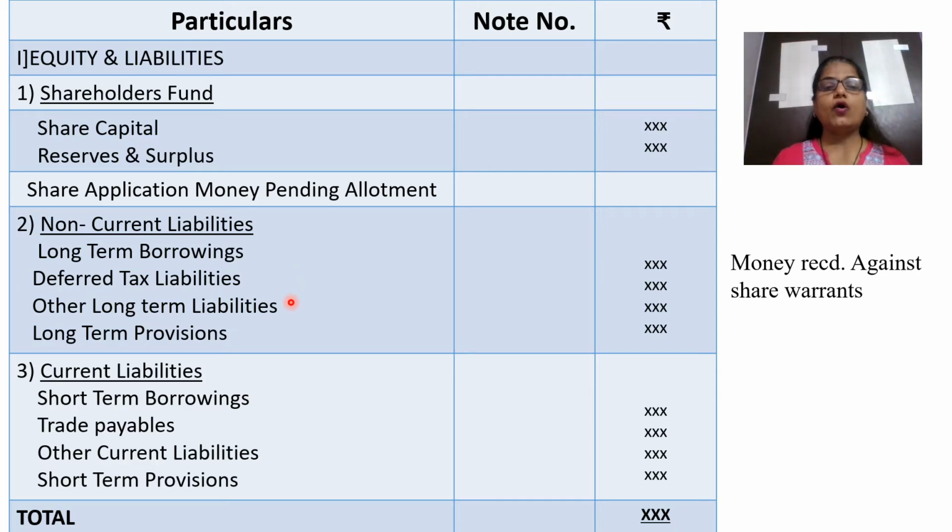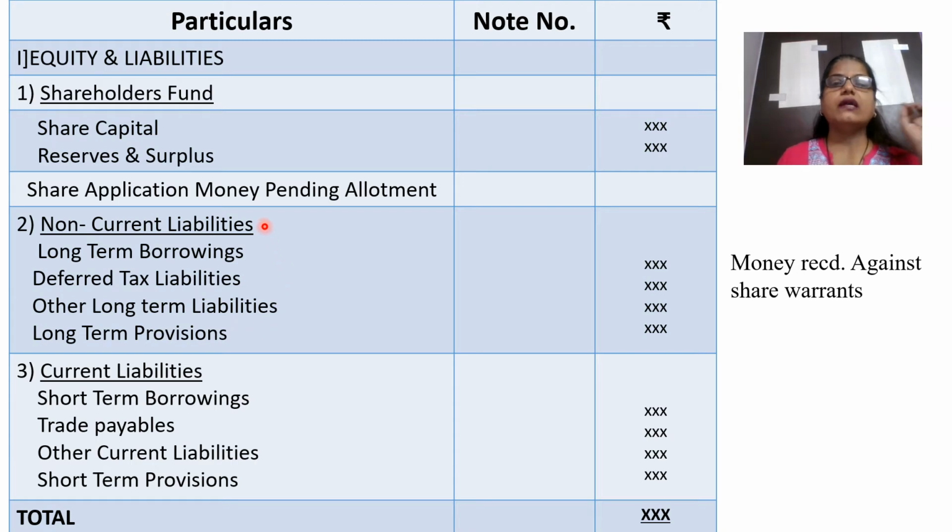Next is other long-term liabilities. Now apart from long-term borrowings, if there is any other liability which is of long-term nature, it comes under other long-term liabilities. That also we will see where, in notes to accounts. And then the next is long-term provisions. Any provision that is made by the company and which is of a long-term nature comes under the heading long-term provisions.